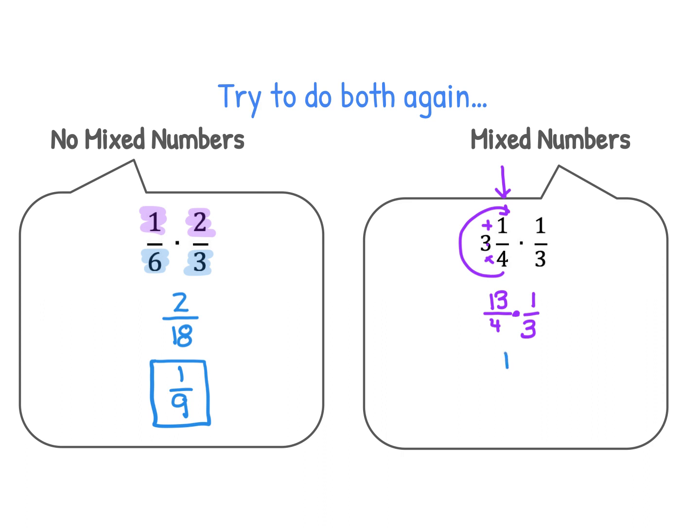So 13 times 1 is 13, and 4 times 3 is 12. Now we know that we can't keep it like this because this is what we call an improper fraction. This numerator is bigger than the denominator. So we want to simplify that to be 1. 12 goes into 13 one time with 1 left over out of 12. So that would be your final answer.